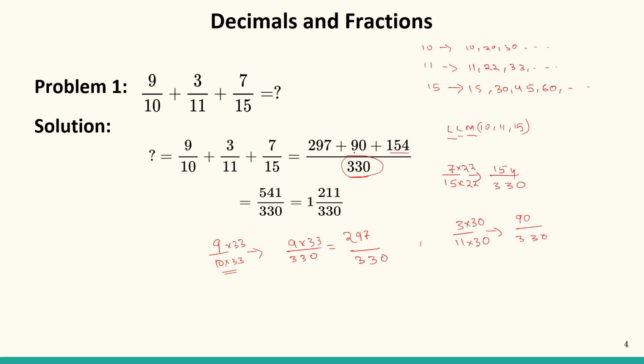You can see it right here: 90, 154, 297. Then we converted it into a single fraction and changed it into a mixed number.